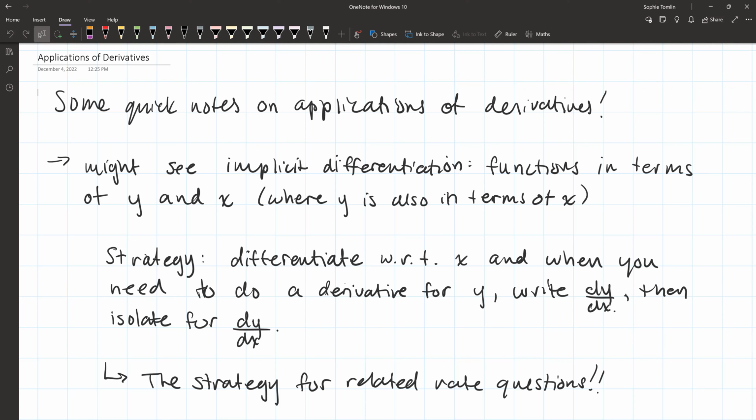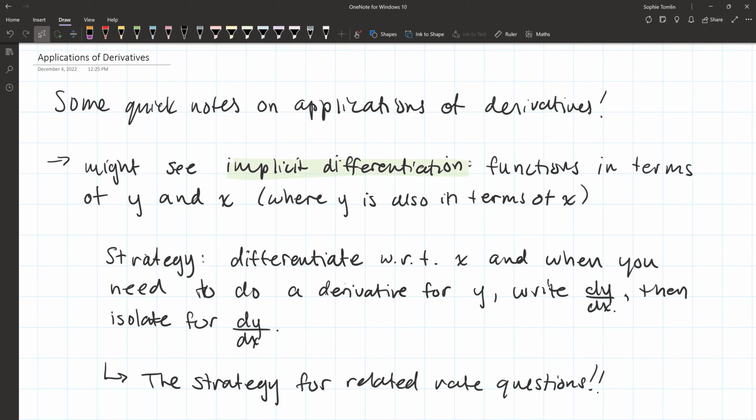Some ways that you might see this is something called implicit differentiation, which is where in the same function you have terms of x and y, but y is implicitly defined, so it's actually a function in terms of x.